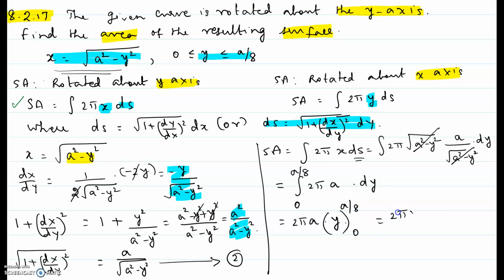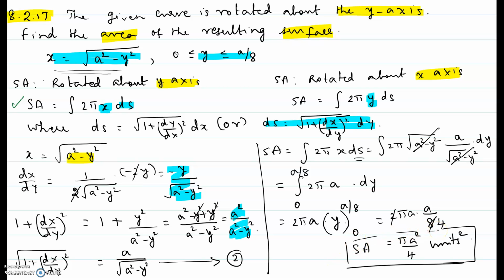So it will be 2 pi a times a over 8, which is pi a squared over 4. This being surface area, you may want to just say this is in units squared.